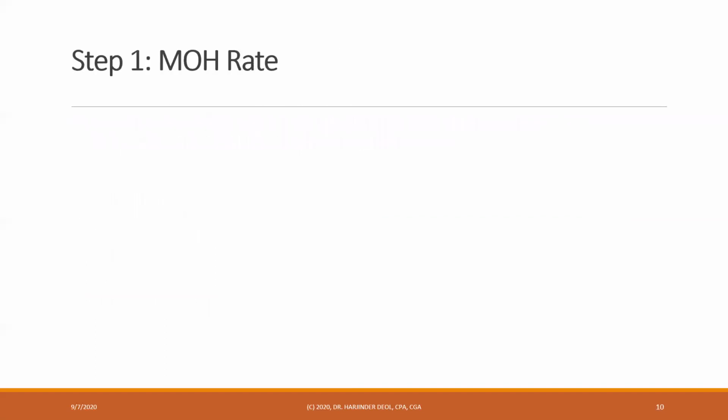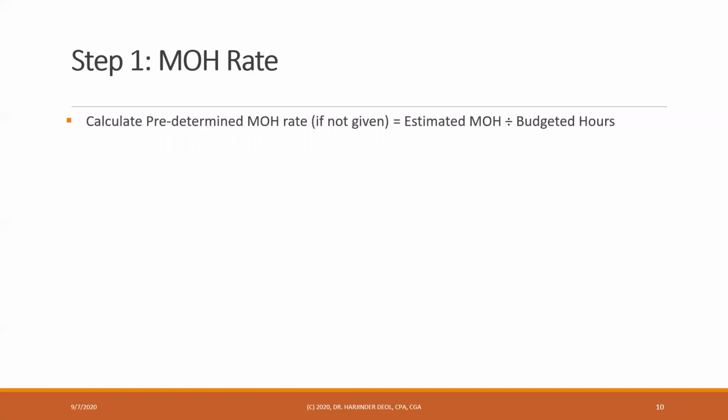So here's a look at the steps involved in the problems that we'll be doing. First step, you want to calculate the manufacturing overhead rate, the applied manufacturing overhead, and sometimes do some math for work in process. So first step, calculate the predetermined manufacturing overhead rate if it's not provided. And that calculation is essentially dividing the estimated manufacturing overhead for the coming year.